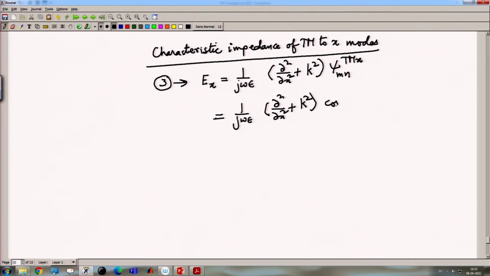Just substitute, so cos m pi x by a sin n pi y by b e to the power minus j k z z.